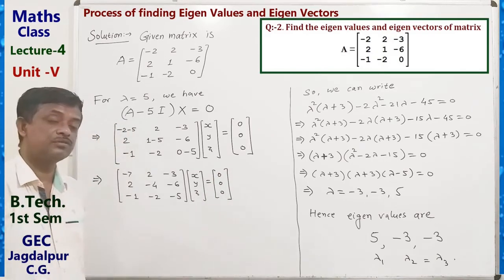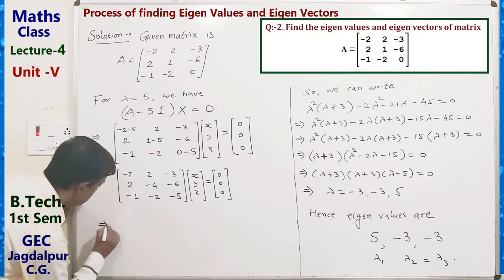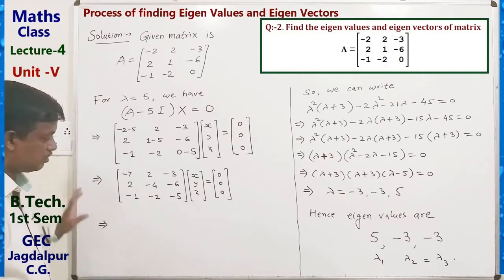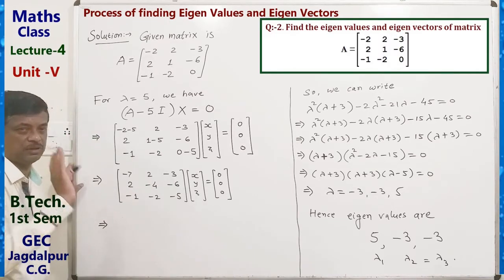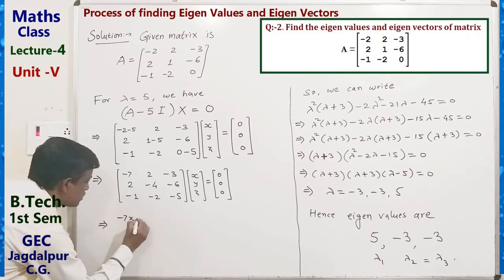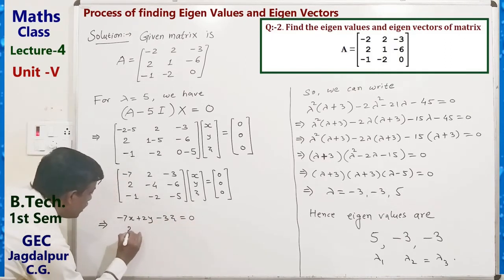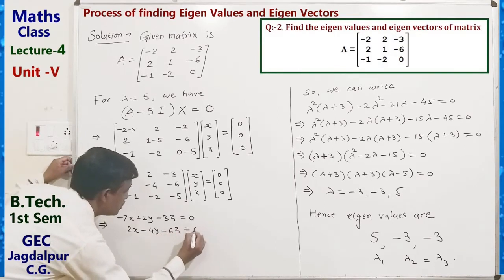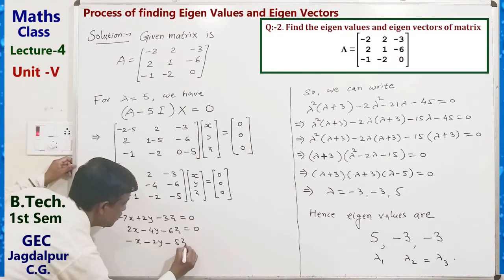Now it can also be solved by the cross multiplication method. We can also convert it to zeros and use the rank method, but cross multiplication is simple. So here write its equivalent equations: minus 7x plus 2y minus 3z equals 0, 2x minus 4y minus 6z equals 0, minus x minus 2y minus 5z equals 0.